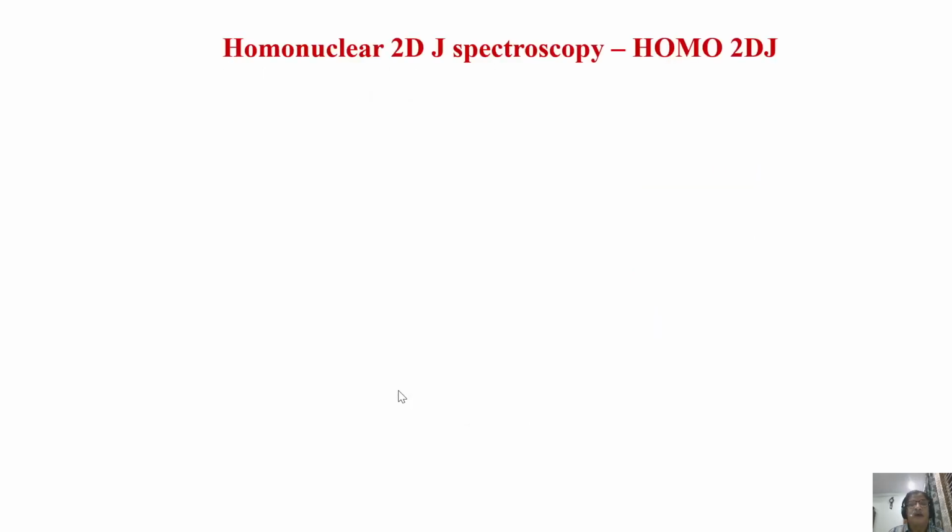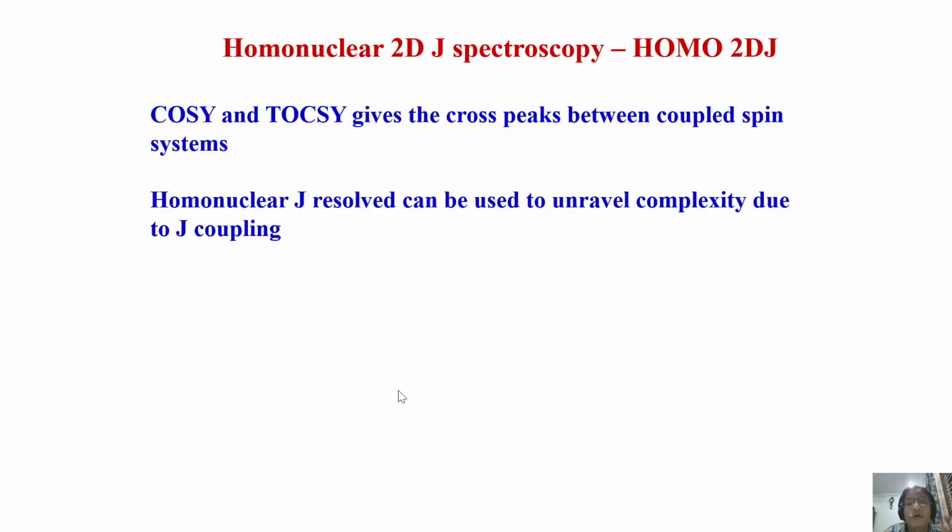Now we'll go to the next topic. I think you are all familiar with HSQC and HMBC, a couple of 2D experiments I introduced. Now I will introduce one more thing, which is called homonuclear and heteronuclear J-resolved. They were all correlation type 2D experiments. Now we will see resolved type experiments, both homonuclear and heteronuclear.